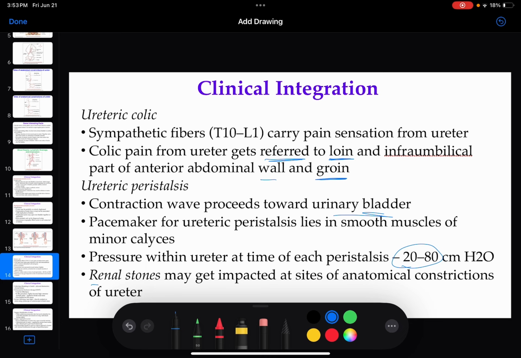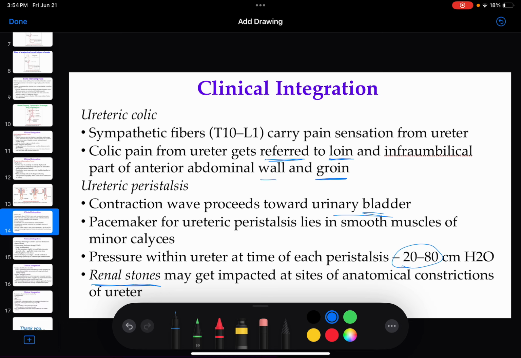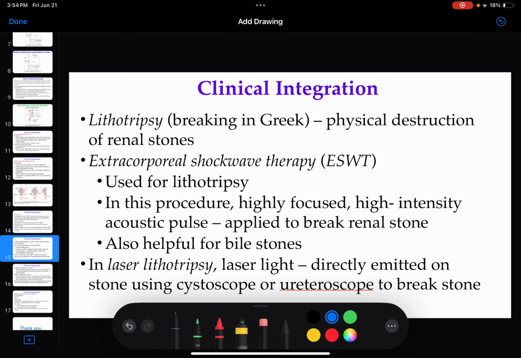So renal stones, this is the common thing we have seen. In so many people we will see renal stones due to dehydration. Then what is lithotripsy? Litho means stone, tripsy means breaking; destruction of renal stones is called lithotripsy. Usually it is performed by extracorporeal shockwave therapy. This procedure uses high intensity acoustic pulses to break the stones, and it may be used for bile stones also.